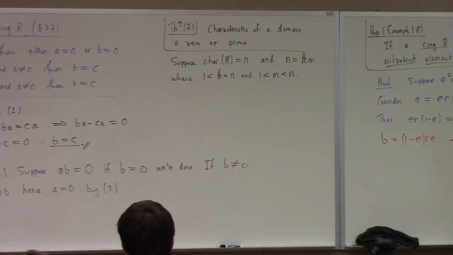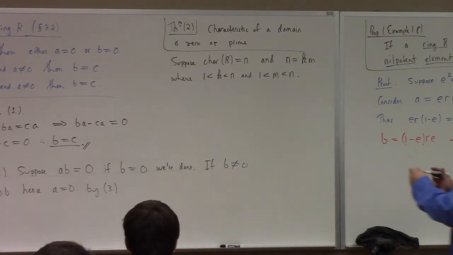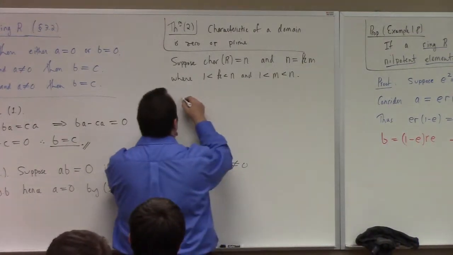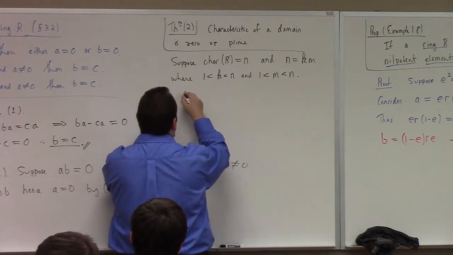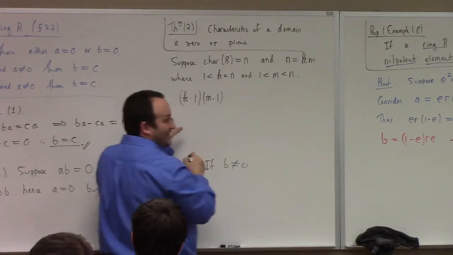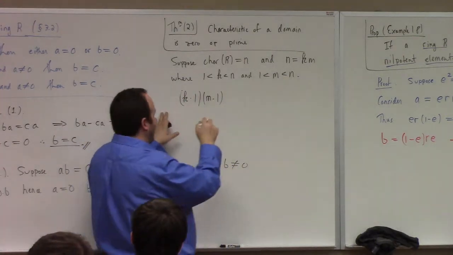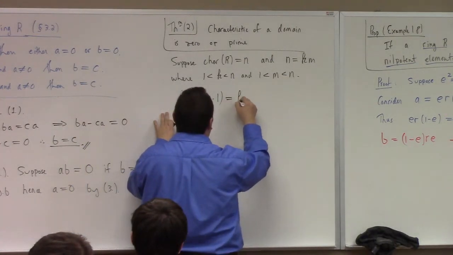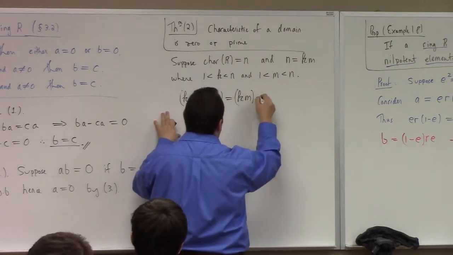So then, it's very simple to prove this. All you got to do is look at k times 1 times m times 1 in the ring. We proved a class or two ago that this was km times 1.